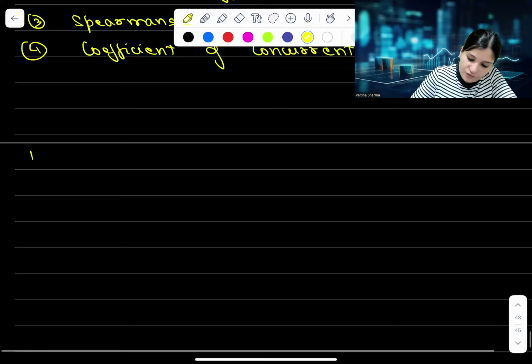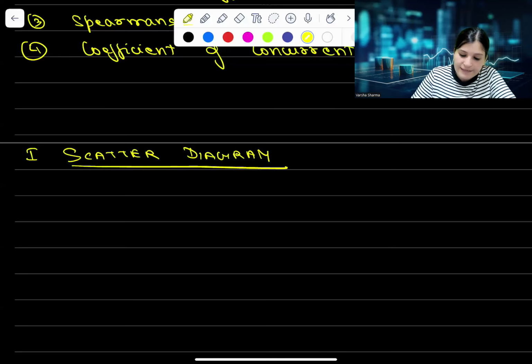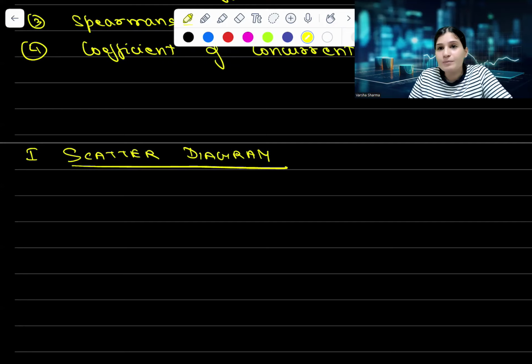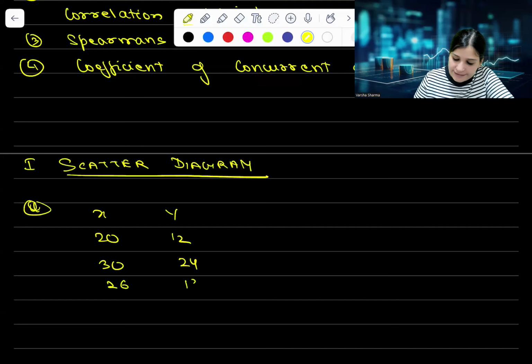Now we'll study the first one, scatter diagram. Pure theory. What does it say? You'll have x and y both. What will your question look like? 20, 12, 30, 24, 26, 18.